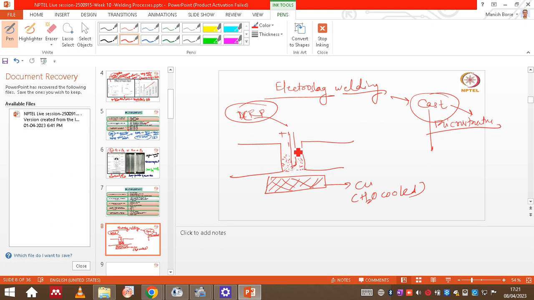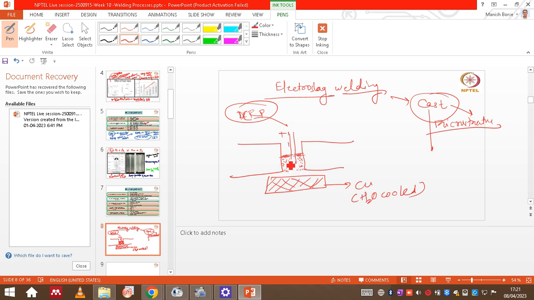Then the arc will be extinguished, and heat will be conducted through the electrical resistance of this molten flux. One slag layer will always be there at the top of the surface, and as long as we are welding in the vertical direction, that layer will go up and up.